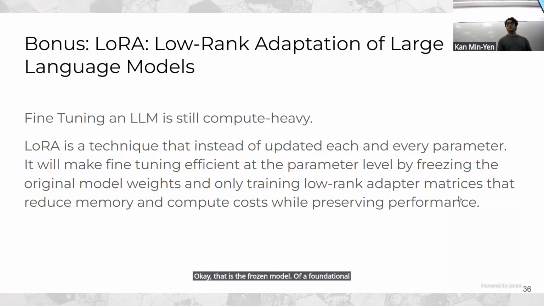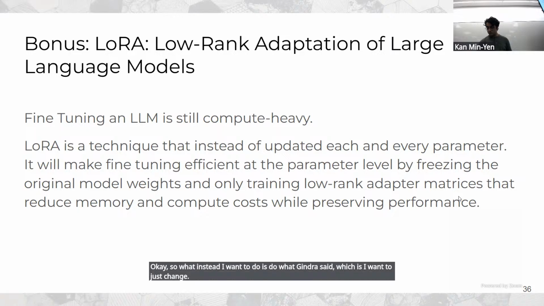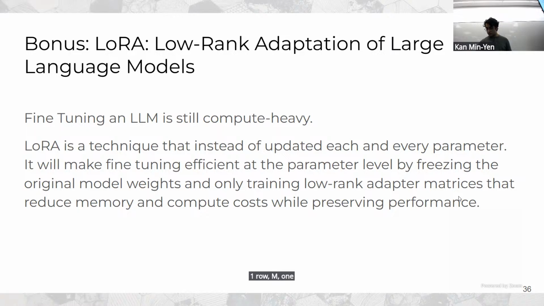But when I'm tuning, it means I don't want to preserve those values. I want those values to change. But if I tune it the normal way, which is SFT, then I have to change all of those numbers, all n times m. So what I want to do instead is what Indra said, which is I want to just change one row m, one row n, but not n times m.